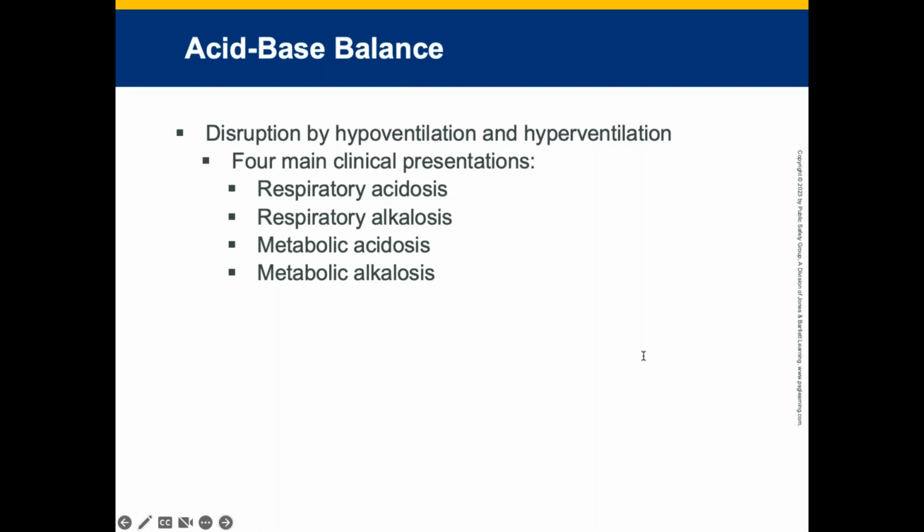So there are four main clinical representations of acid-base disorders: respiratory alkalosis, respiratory acidosis, metabolic acidosis, and metabolic alkalosis. Okay? Fluctuations in pH due to the availability of bicarbonate result in a metabolic acidosis or alkalosis.